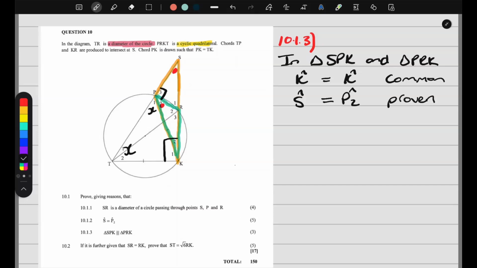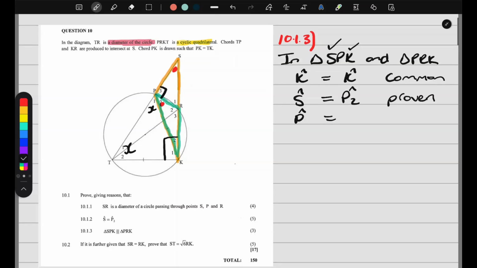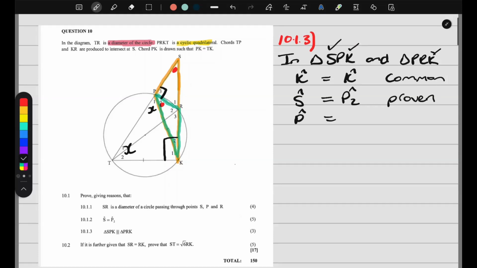So that means in the orange triangle, I've used K, I've used S, so now that means angle P is equal to angle, I've used K, so there, this is the K, and I've used P2, so that's P. So that means it's equal to angle R. This is the third angle. So therefore, triangle SPK is similar to triangle PRK. Reason, you must have your reason: angle, angle, angle.